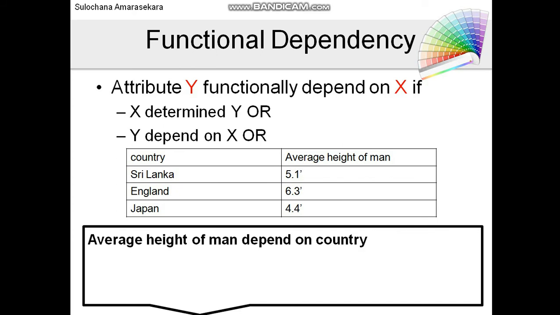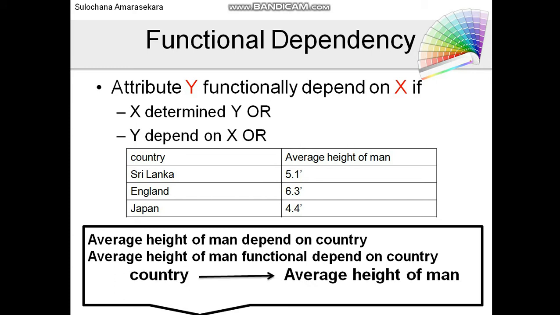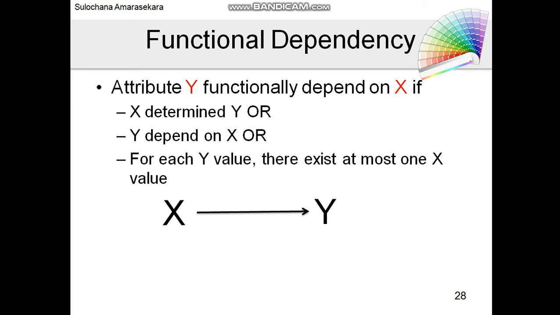That means average height of men functionally depends on country, as well as if there is at most one y for each x value, we can say that y functionally depends on x.